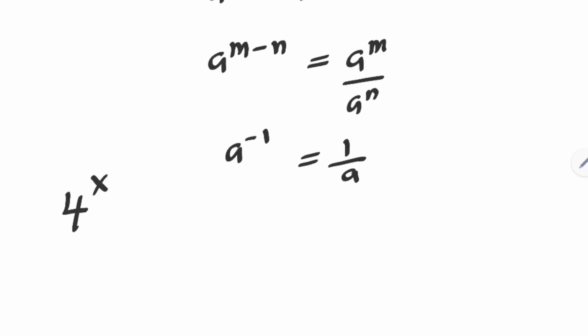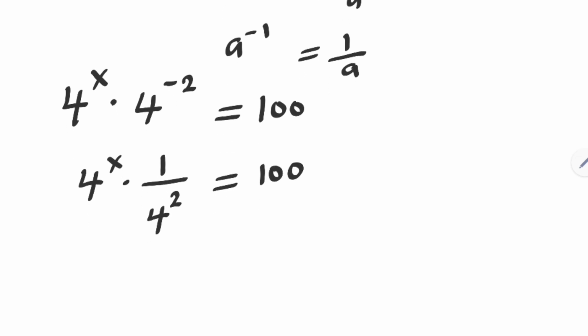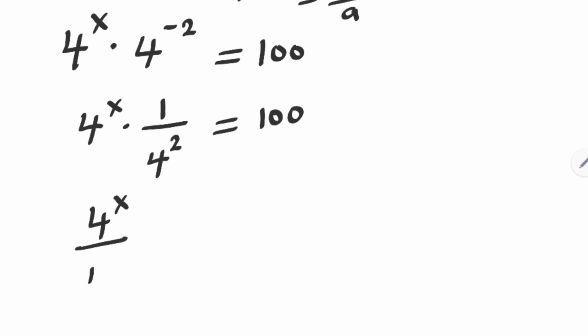4 raised to power s multiplied by 4 raised to power minus 2 is equal to 100. Then we have 4 raised to power s multiplied by 1 divided by 4 square is equal to 100. And this is 4 raised to power s divided by 4 square is equal to 100.